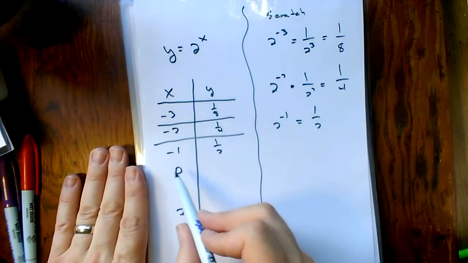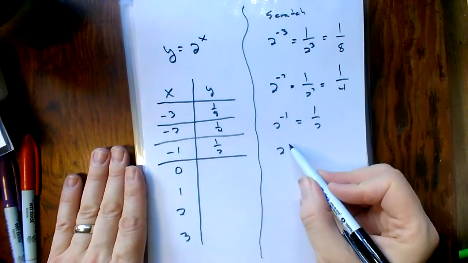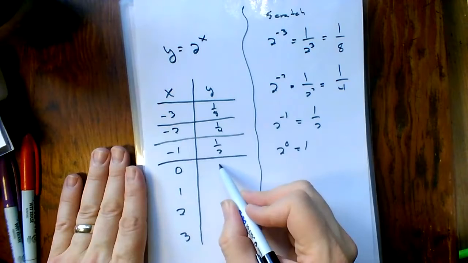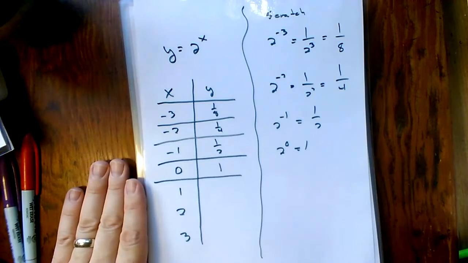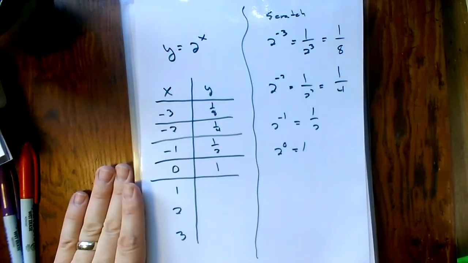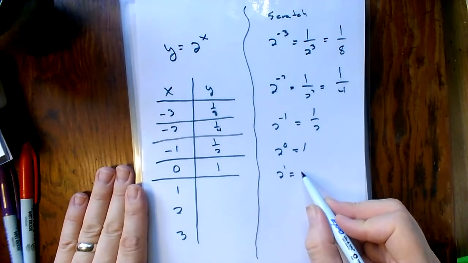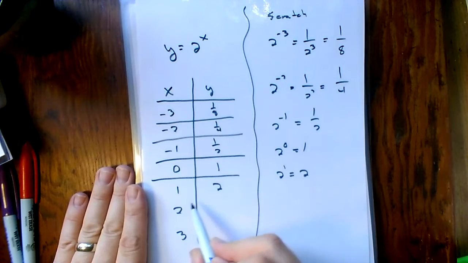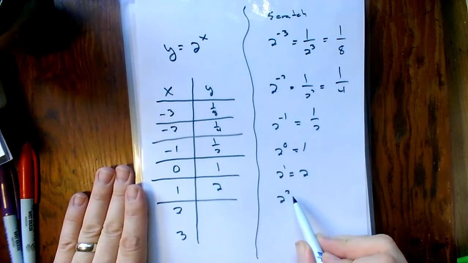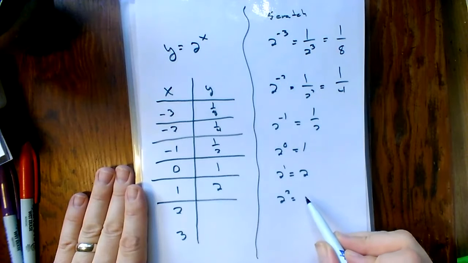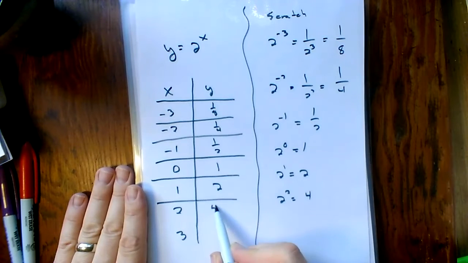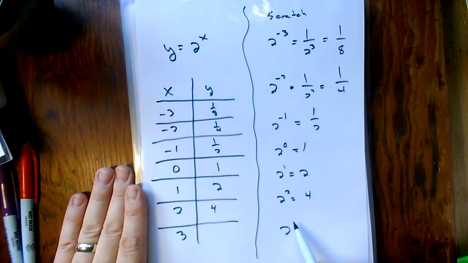We already said anything to the power of 0 is 1, and then 2 to the 1 is just 2 by itself. 2 squared is 2 times 2, which is 4. 2 cubed is 2 times 2 times 2, which is of course 8.